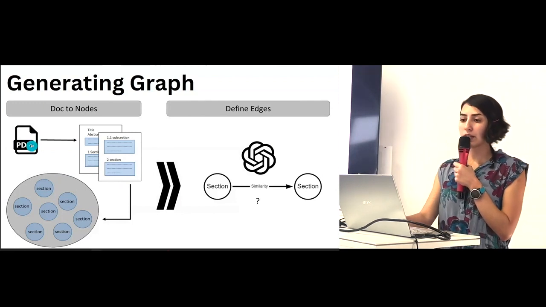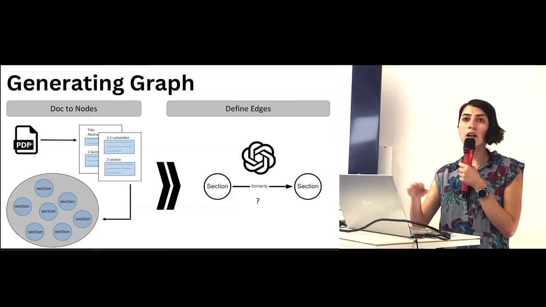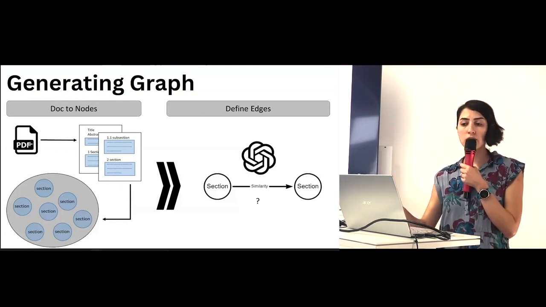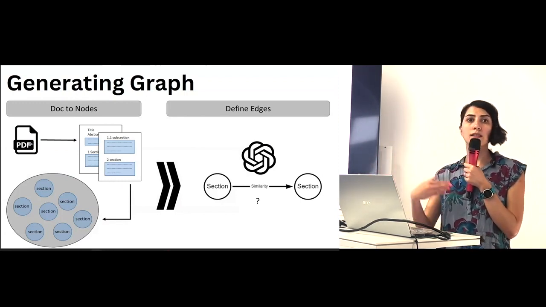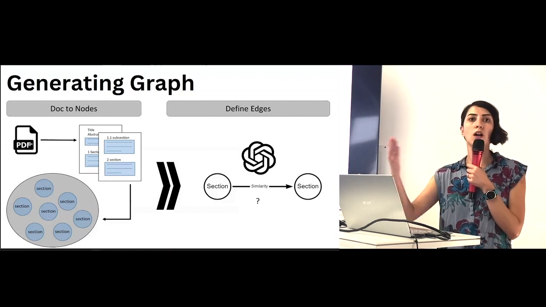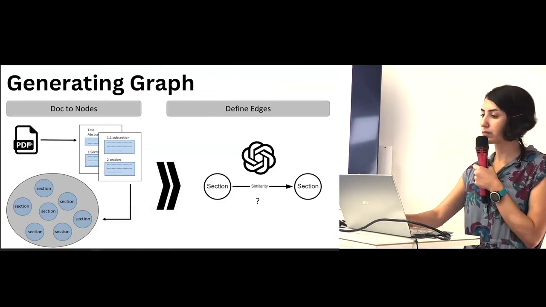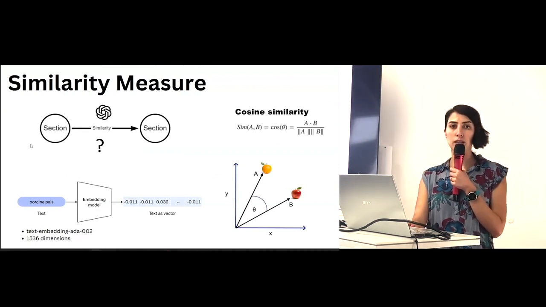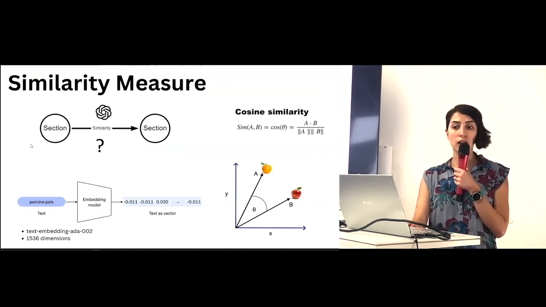And then after that, we try to find the connectivity of these sections in the paper. This connectivity tells us how similar these nodes are to each other. And to find this similarity, we are also using the ChatGPT LLM.